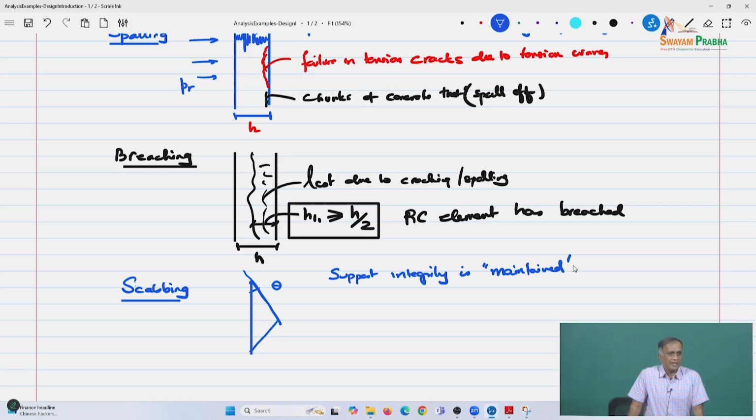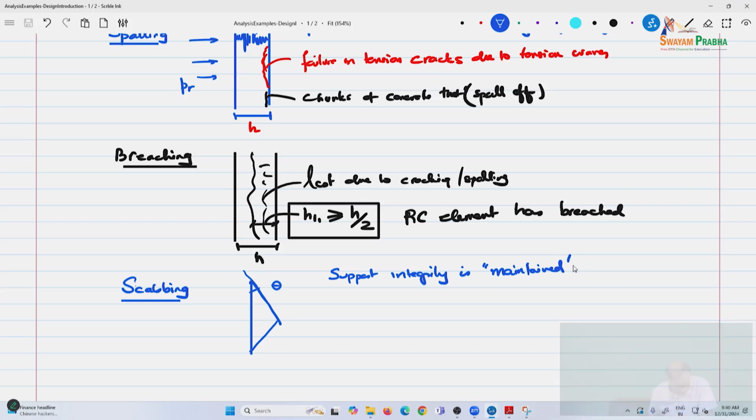It is also well supported, so the wave propagation within that is likely to be dissipated better. Given all of that, if theta is greater than 4 degrees, then you can say scabbing. So, this is basically a failure due to flexure.